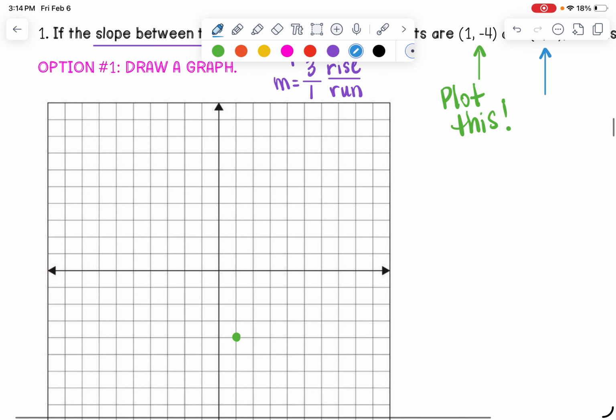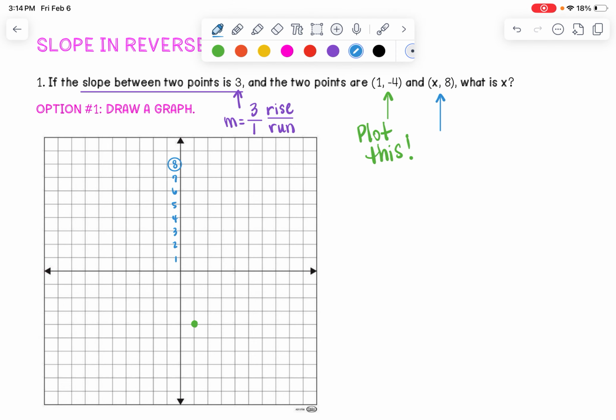Okay, I'm just going to number this really quick. 1, 2, 3, 4, 5, 6, 7, 8. So this is a y value of 8. And they want to know what point on this line that has all these other characteristics has a y value of 8, and what is the x value of that point, right? And so that is what we are trying to determine.